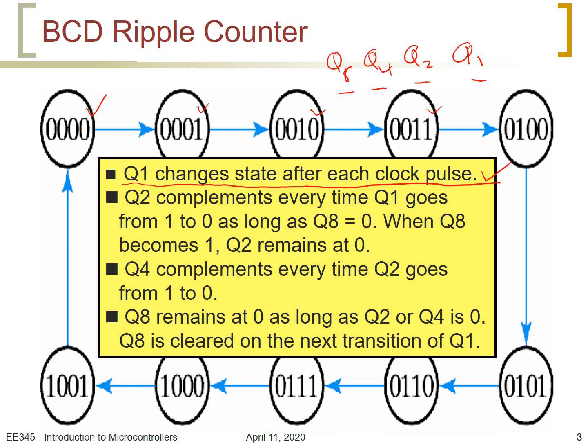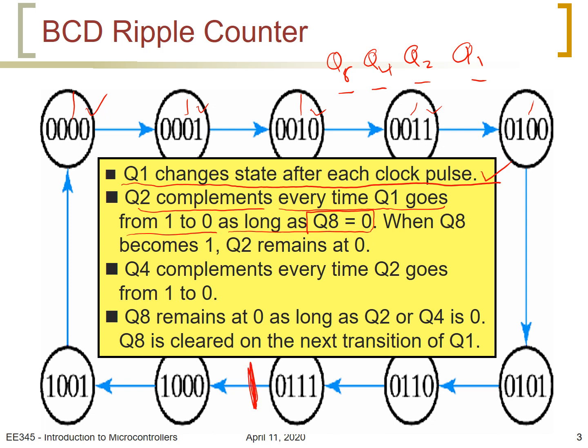Now let's look at Q2. Q2, which is this bit here, was 0, and then it is 1 here, and then 1 here, 0 here, and so on. So we find that Q2 complements every time Q1 goes from 1 to 0, as we just explained on the previous slide, but this remains true as long as Q8 is equal to 0, which is in the first 8 states.